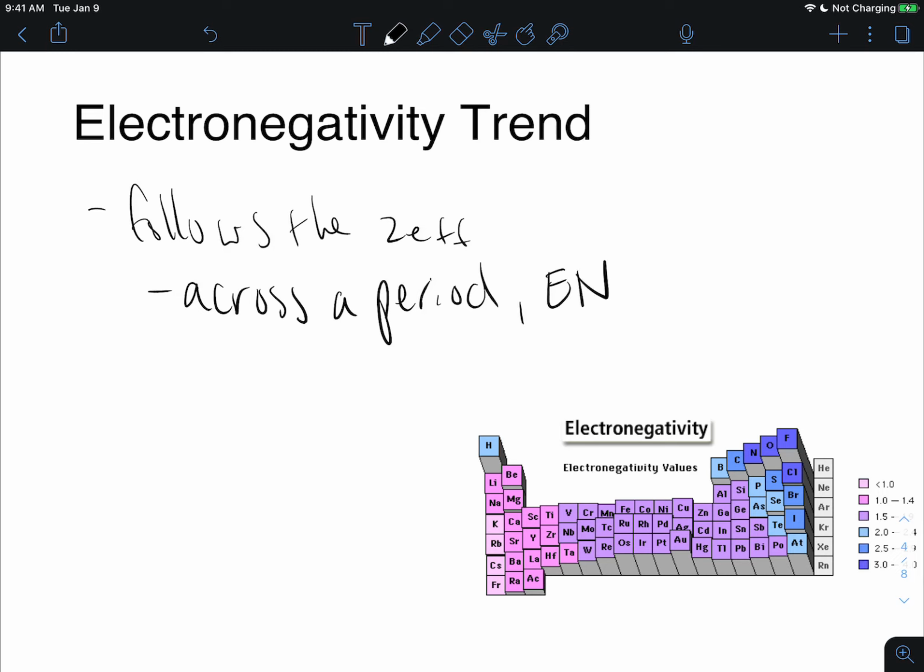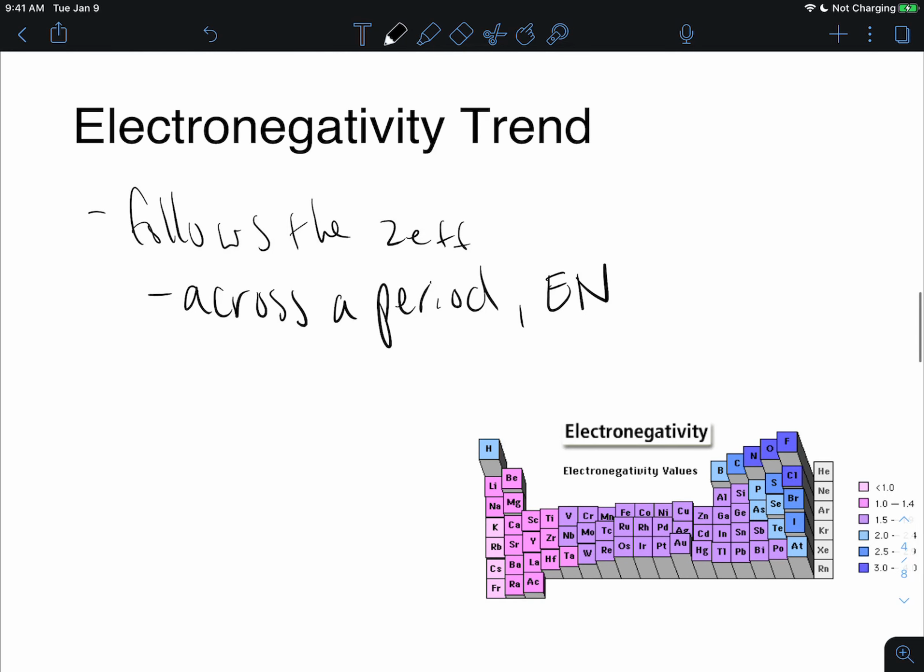EN, big E, big N, is my electronegativity. So electronegativity increases, and then going down a group, our effective nuclear charge decreases, so does our electronegativity.